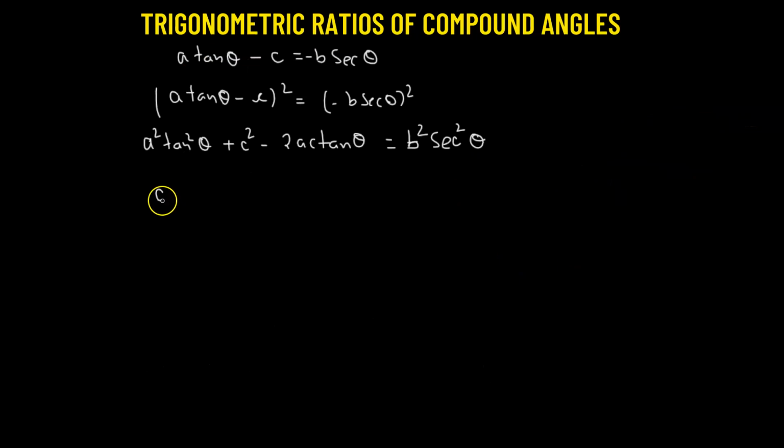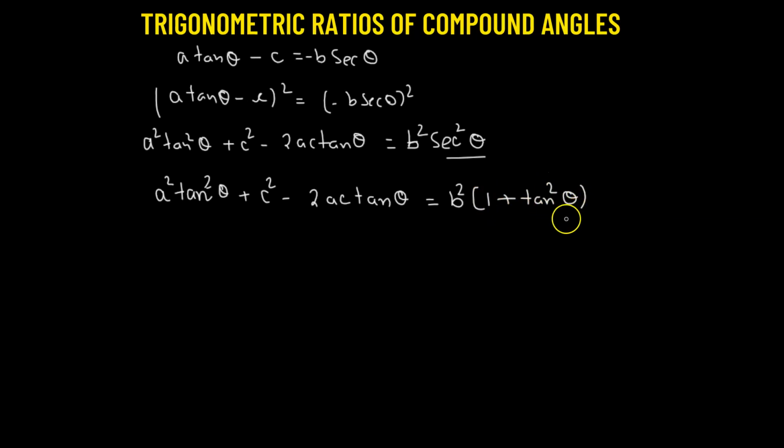So we get a squared tangent squared theta plus c squared minus 2 times ac times tangent theta, equal to b squared, and to b squared we are going to replace secant squared theta, so we are multiplying 1 plus tangent squared theta. So further simplification gives us a squared times tangent squared theta plus c squared minus 2ac times tangent theta equal to b squared plus b squared times tangent squared theta.